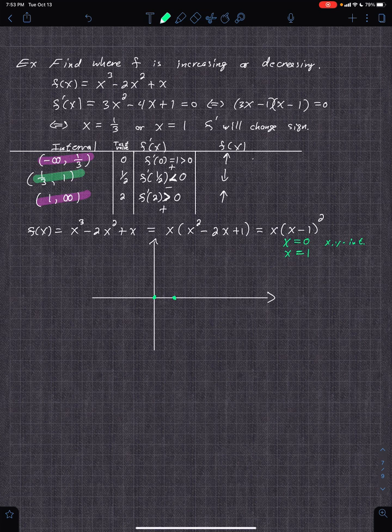So it goes up, and then at 1/3, it changes sign. So it's increasing all the way to 1/3. And so 1/3 is up here somewhere, and then it goes and just touches. So it basically comes up, passes through, bounces off, and goes like that. So you can see it's increasing to 1/3, decreasing to 1, and then increasing after.